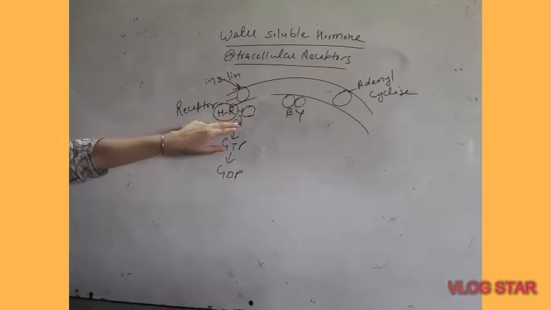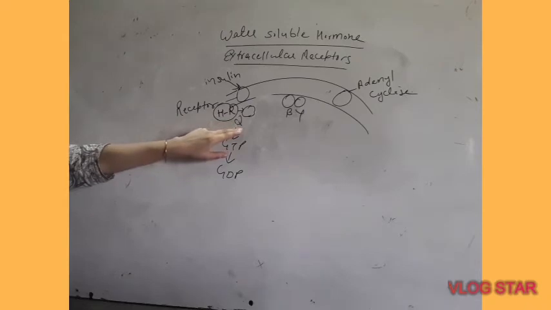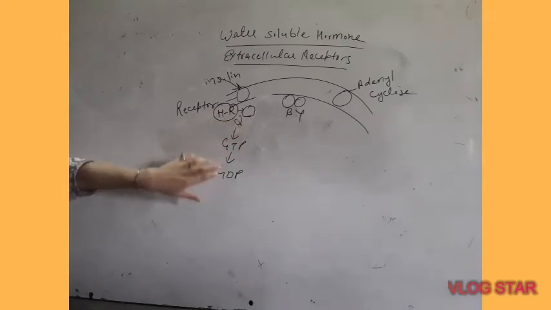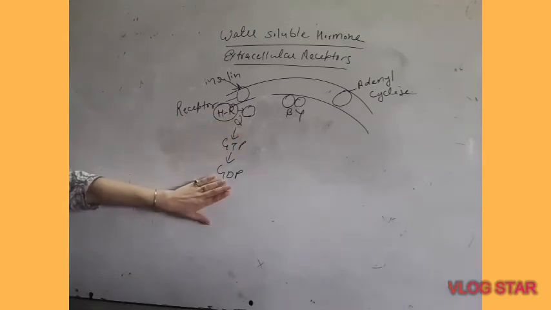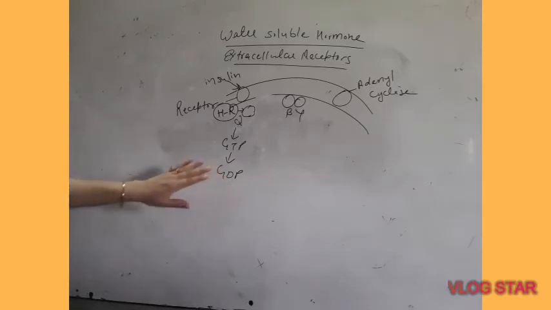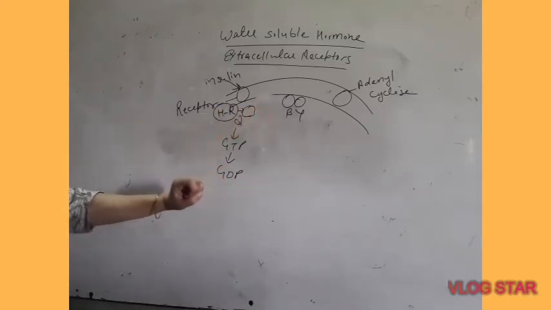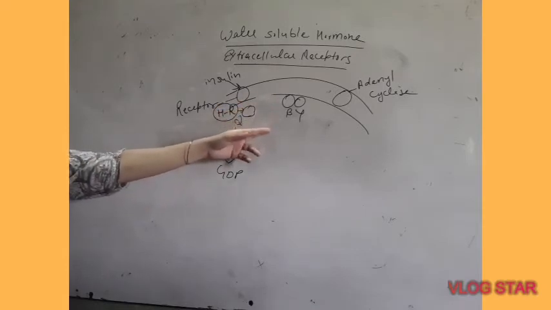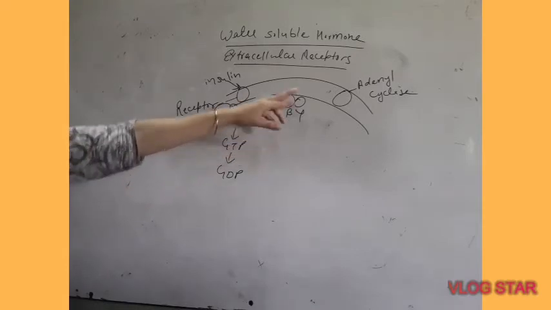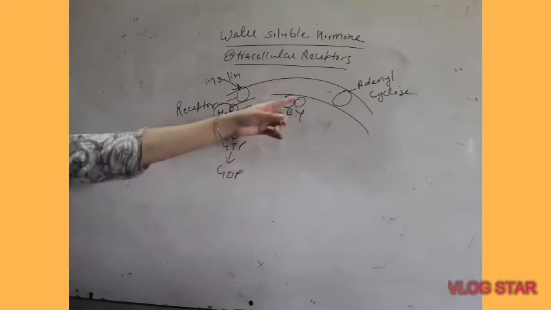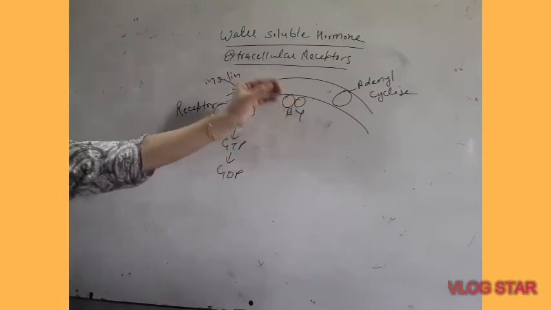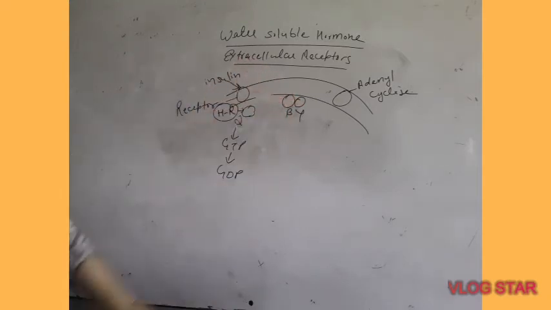Then this activated alpha unit of the G protein converts GTP into GDP. This GDP and the separated beta and gamma units are needed to activate the enzyme adenyl cyclase, which is earlier in inactivated form.